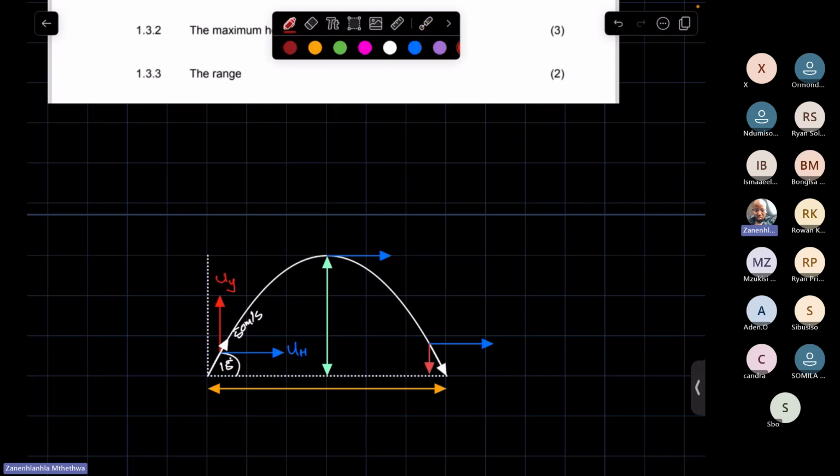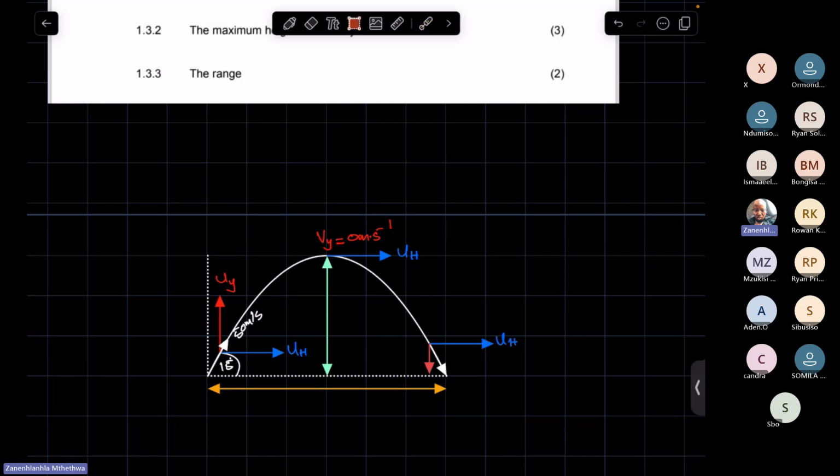Hence, even at this point, you'll still have UH. Now, the velocity of the ball in the y direction at the apex, Vy, will be equal to 0 meters per second. That is essentially the turning point of the projectile, the apex, as far as the cricket ball goes before returning to the ground.